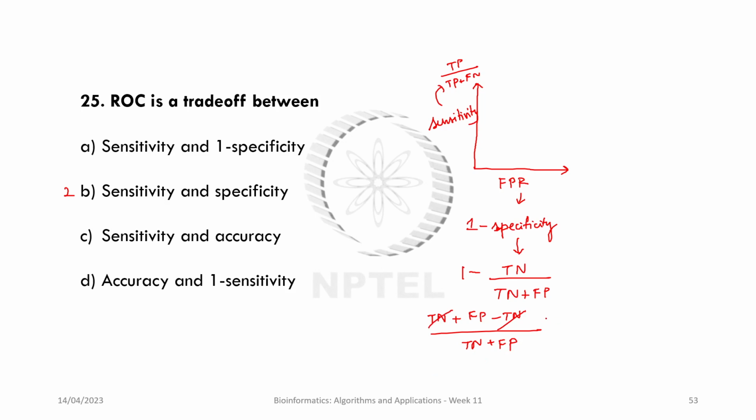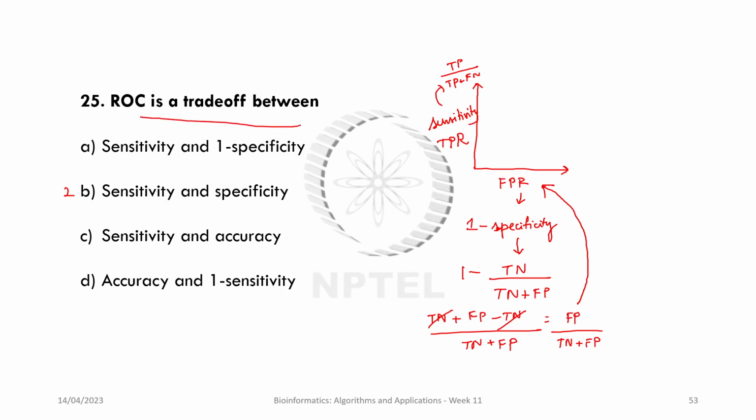That will cancel these two, which is my false positive rate, correct? And sensitivity is otherwise known as true positive rate. That's why they say ROC is a plot between TPR and FPR, which is equivalent to sensitivity and 1 minus specificity.